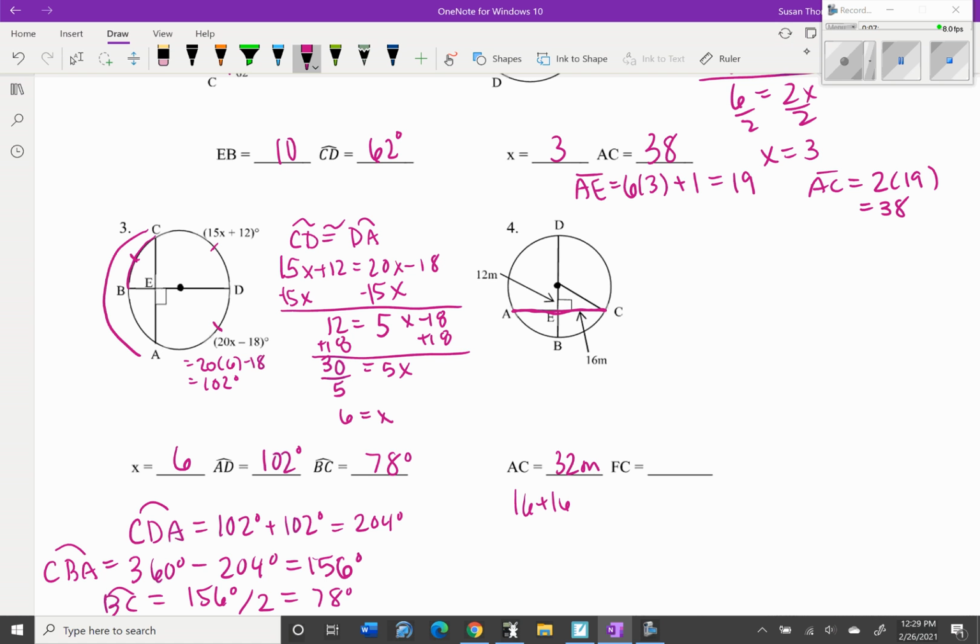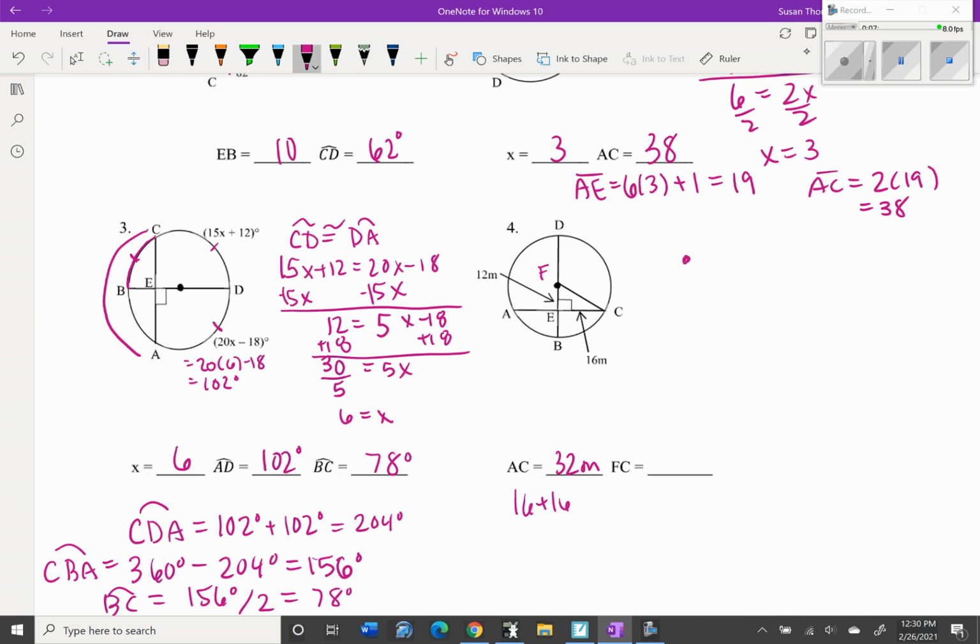And then FC is the next distance that we want. I think this is supposed to be F right here. It was just not marked on there, so I'll make sure to fix that in your notes. So FC is the hypotenuse.